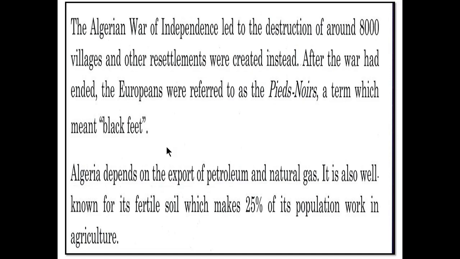After the war had ended, the Europeans were referred to as the Pieds-Noirs, a term which means black feet. Algeria depends on the export of petroleum and natural gas. It is also well known for its fertile soil, which makes 25% of its population work in agriculture.